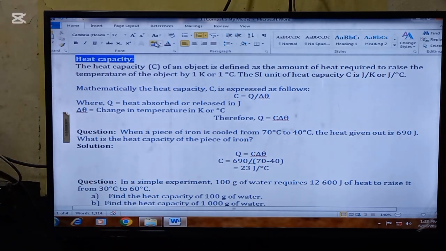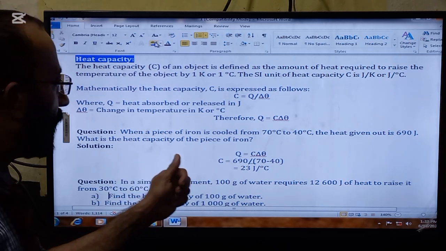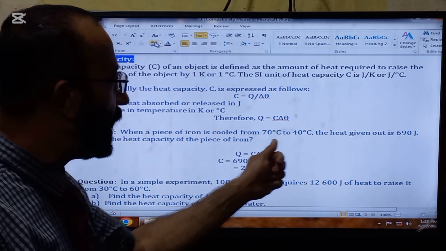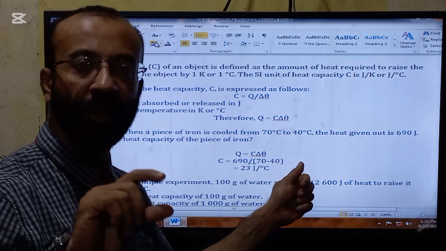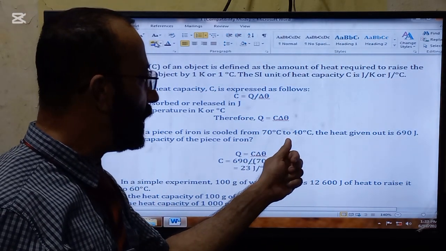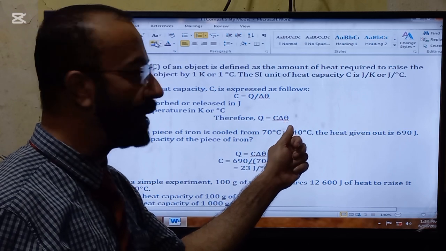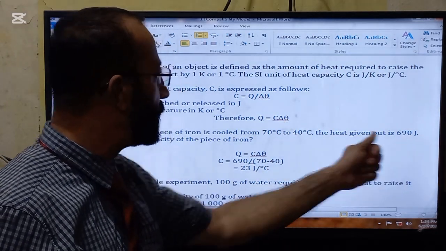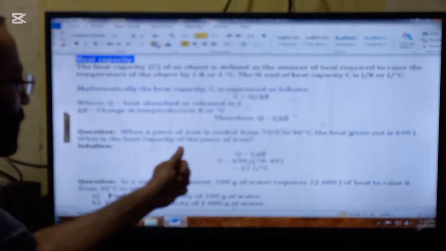Now we are going to do a question. When a piece of iron is cooled from 70 degree to 40 degree, so look now, delta theta is actually the change in temperature. So the change in temperature is 30 degree, that will be placed in place of delta theta. The heat given out is 690 joule, that is Q, and the requirement is what is the heat capacity of the piece of iron.